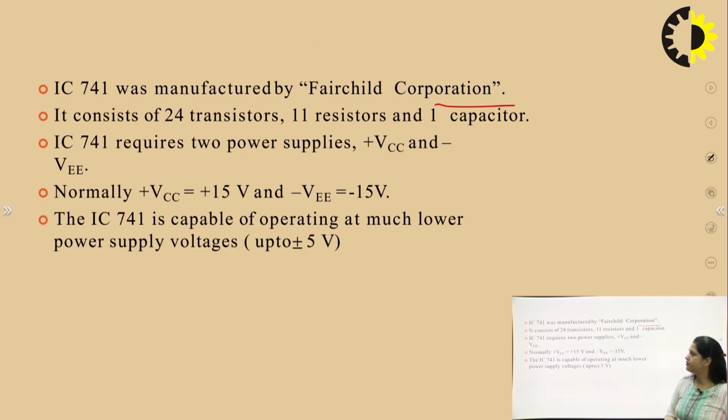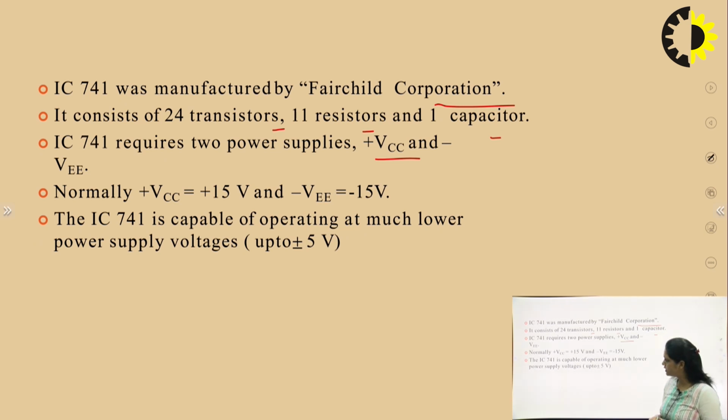It consists of 24 transistors, 11 resistors and 1 capacitor, as you have already seen in the previous slide. Then the IC requires 2 supplies. Basically it is a dual supply integrated circuit, where a positive supply, plus VCC, and a negative supply, minus VEE, are used in the complete IC package.